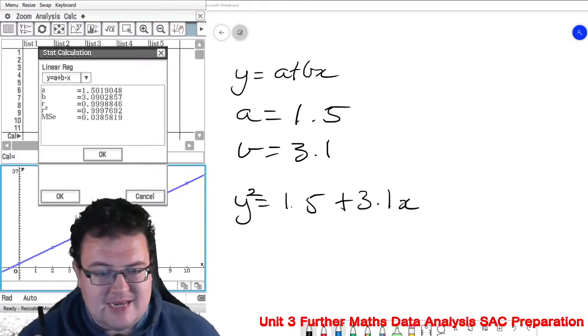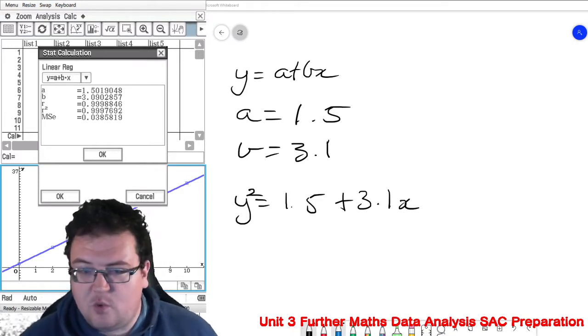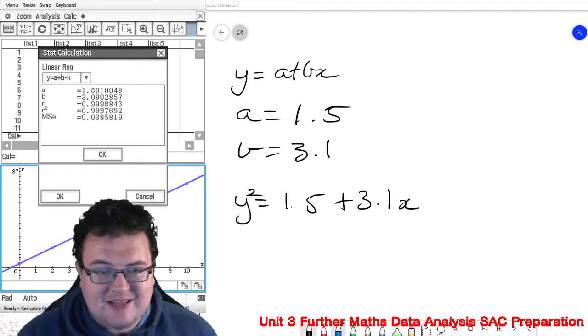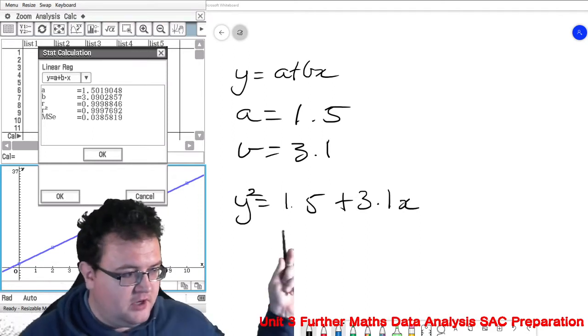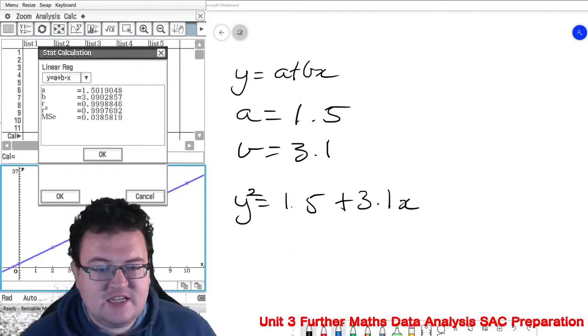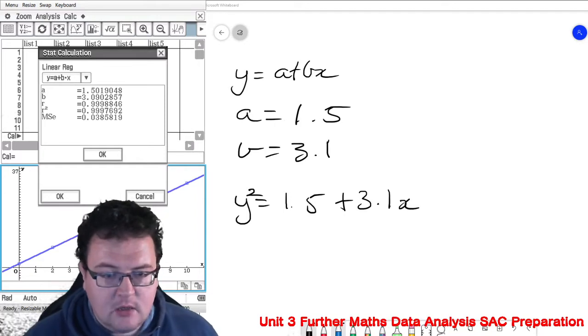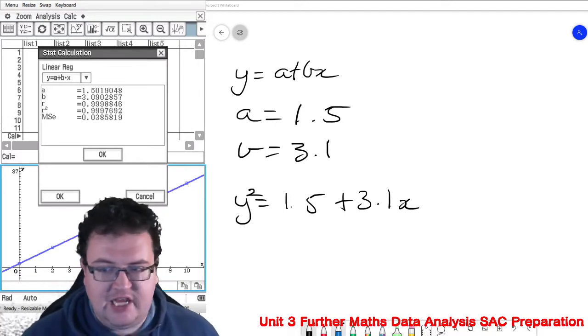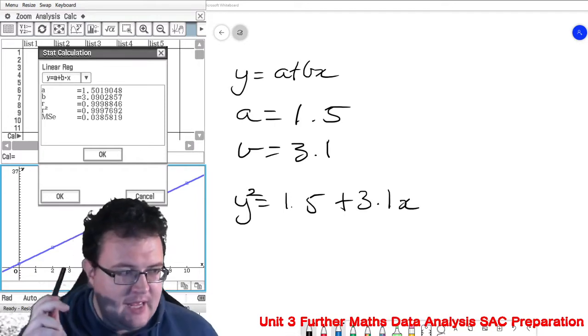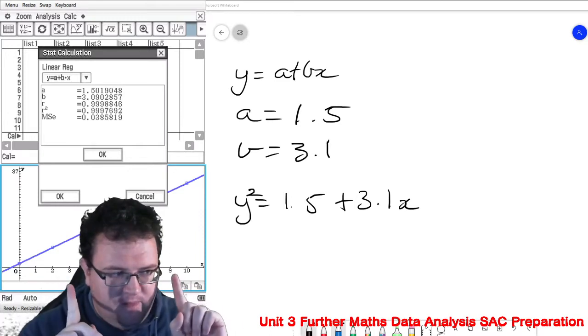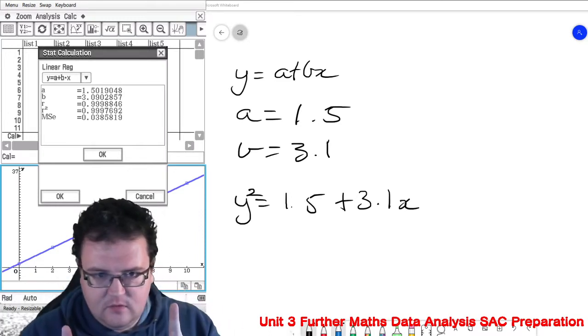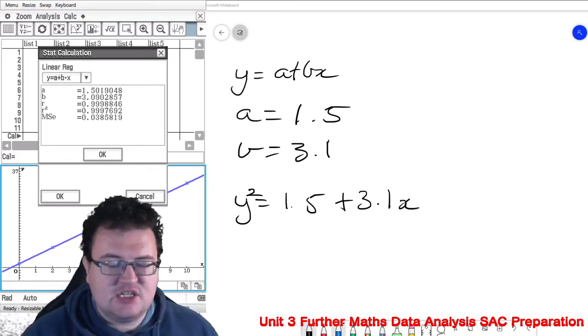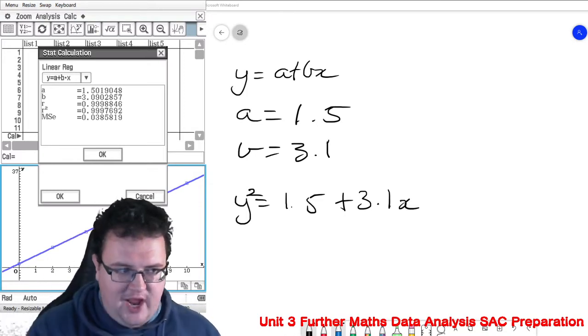So, the next question is, using this equation, predict the value of y when x equals 9. This is where the challenge comes in, because it doesn't want the value of y squared.